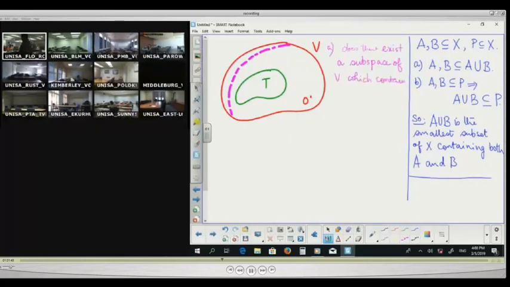Remember, a subspace of V already has two things in it, the zero subspace and the whole space. It's already there, right? So now, what is your answer to this? You gave me a subset. Does there exist a subspace which is larger, which contains T?